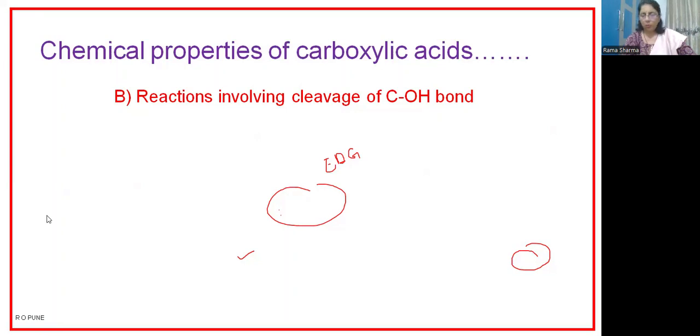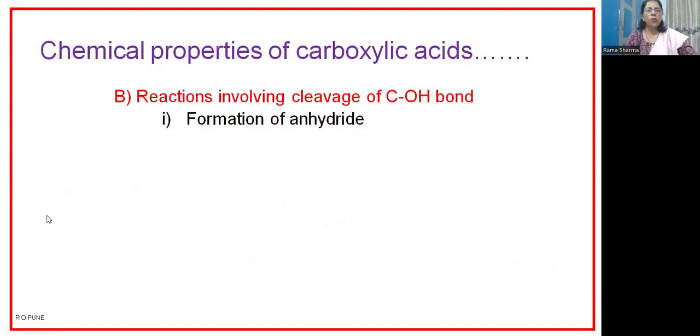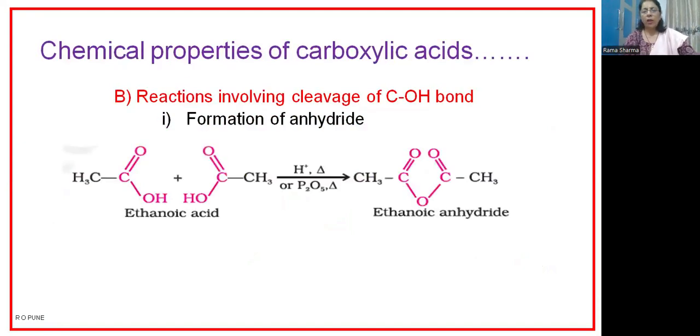Let us see some more things. Reactions involving the OH group, cleavage of the OH group, formation of anhydride. It's a very, very studied reaction. Many times we use this reaction when ethanoic acid is heated in the presence of an anhydrating agent, a water removing agent, like P2O5, phosphorus pentoxide.